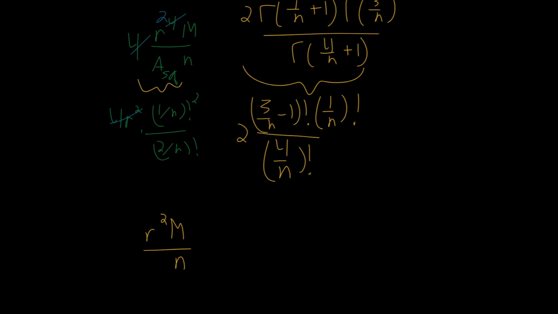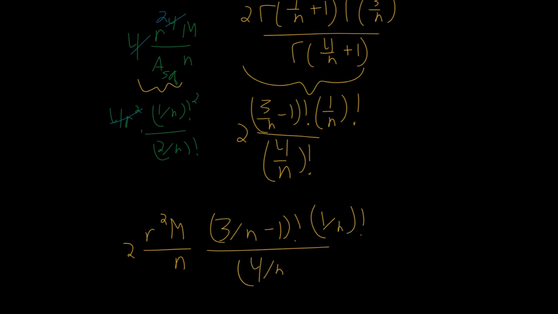That's not going to change. But then we have our 2 up front still, and our fraction with all our factorials is going to look like this. So 3 over n minus 1 factorial times 1 over n factorial times 4 over n factorial, and then times 2 over n factorial divided by 1 over n factorial squared.